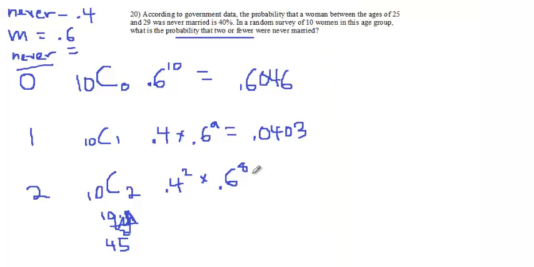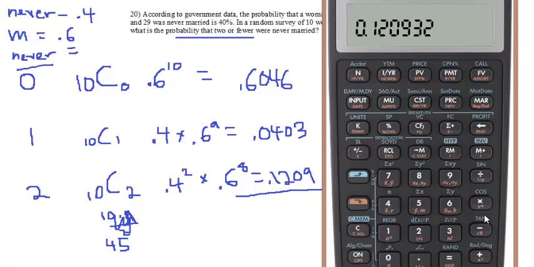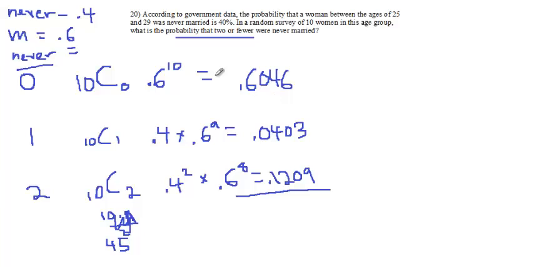We get 0.1209. Okay, 0.1209. And if we add them all together, all right, we add this to the 0.0403, and add that to the 0.6046, and our total answer. I'm sorry, up here I made a mistake when I transcribed it.